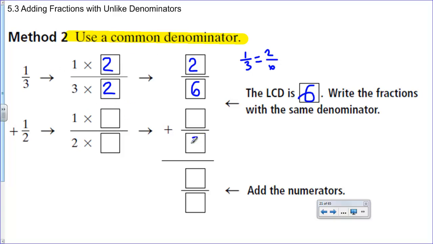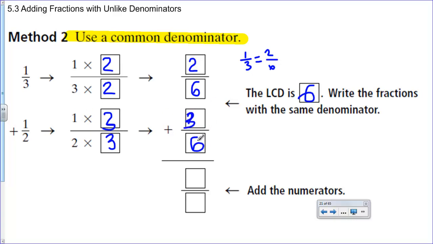1/2 we're going to change into, how did I get from 2 to 6? We multiplied by 3. Whatever I do on the bottom, I must do on the top. So 1 times 3 is 3.